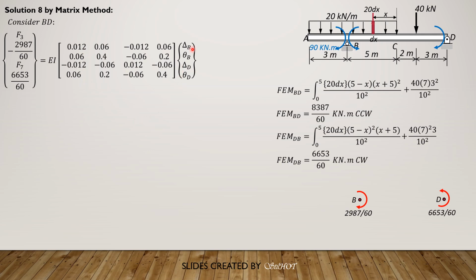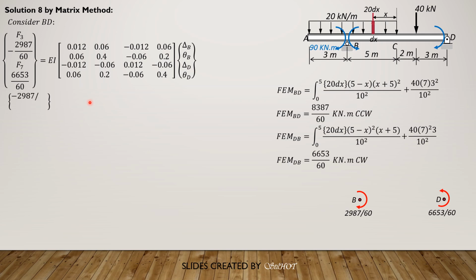Then we have delta B, which is 0, theta B, which is to be determined, delta D, which is 0, and theta D, which is to be determined. So we only expand this second and fourth row.